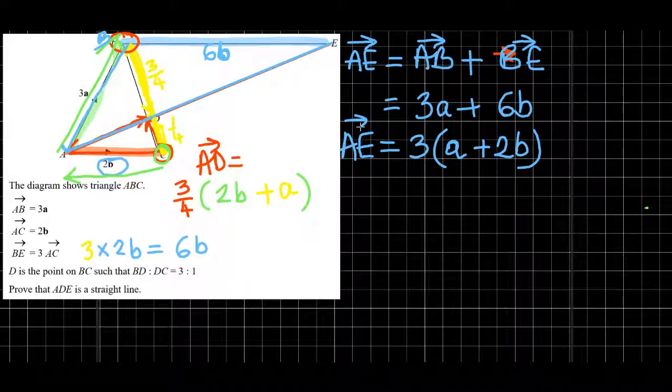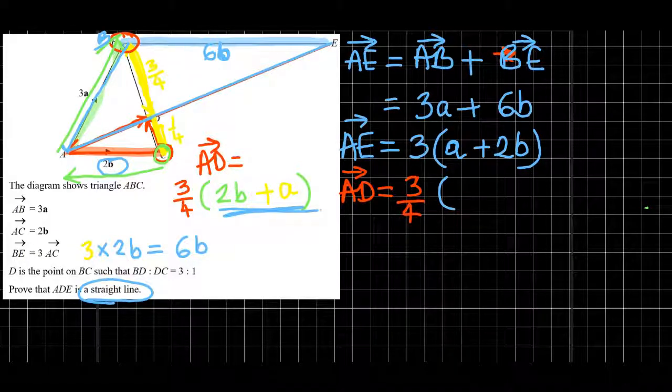So to show that ADE is on a straight line, we can look at the two vectors. A to D was 3/4 of (a plus 2b), and A to E is 3(a plus 2b).